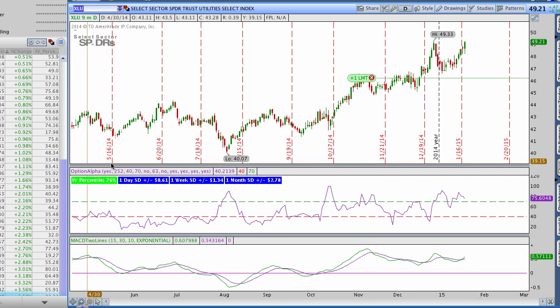The next question is, where's implied volatility? And we can see visually on the chart with our code here that implied volatility is in the 76th percentile. What that means is that 76% of the time over the last year, implied volatility has been lower than it is right now.